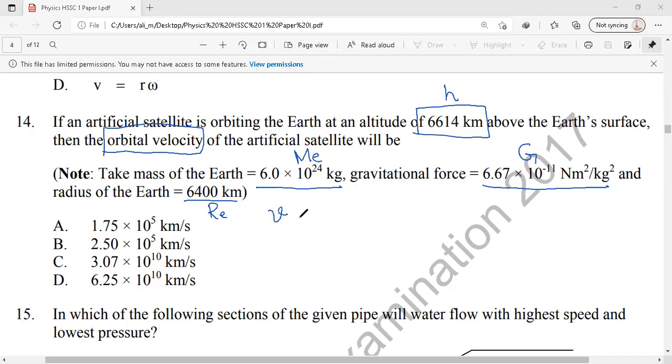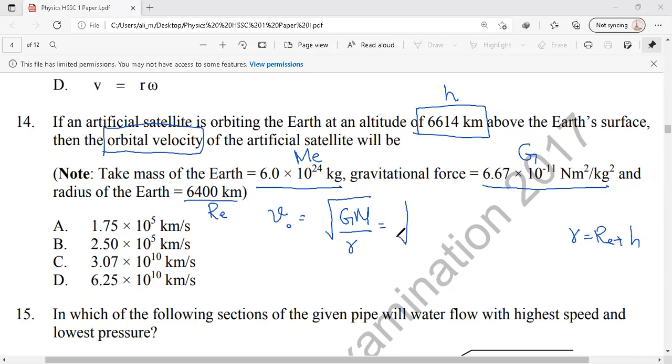So orbital velocity Vo is equal to the square root of GM over r, and this r is the radius of Earth plus the height above the Earth's surface.